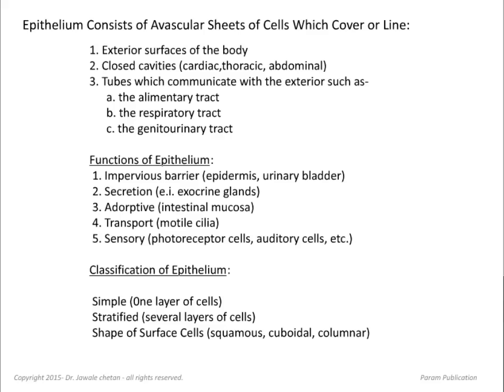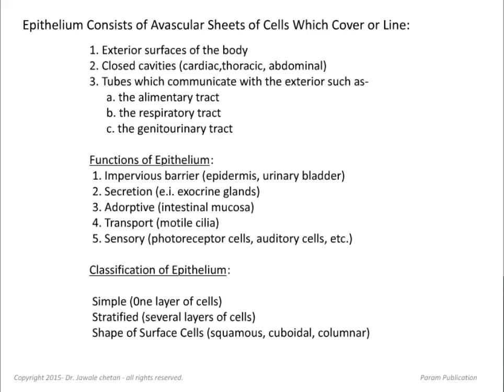The saliva is secreted from epithelial tissues. Absorptive: the internal lining of the intestine is an epithelial tissue where they absorb nutrients from our digested food. So you will find that absorptive type of epithelium in the intestinal mucosa.